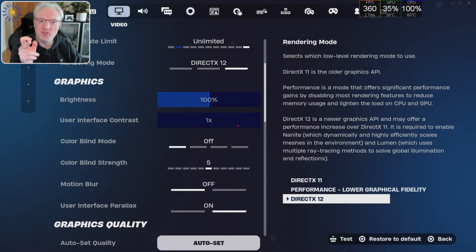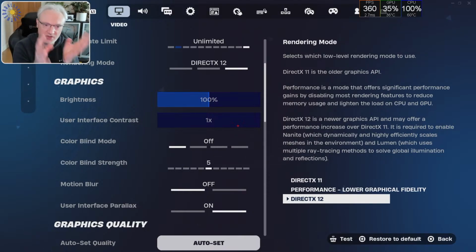Whereas if I was in performance mode right now, it'd probably be under 20%. So DX12 utilizes the power of your GPU a lot better. It moves the bottleneck more away from the CPU over to the GPU, which is a good thing. The GPU is very, very fast and very good at doing lots of calculations, so you want to give it more things to do. You don't want it bored.